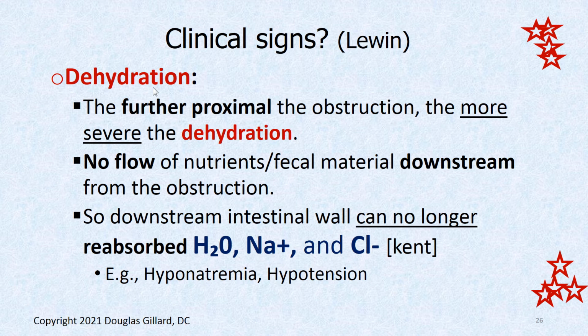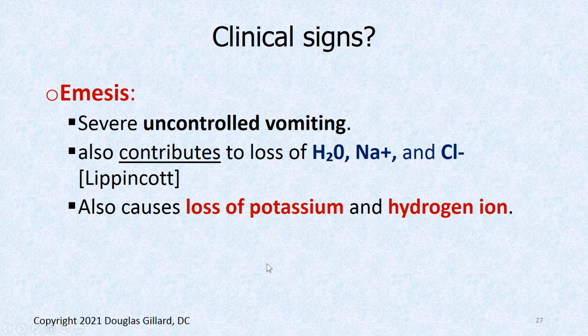So salt and water will not be reabsorbed, and you're going to get yourself a wicked dehydration because of that, and chloride as well. And that's going to spark hypotension and hyponatremia. We'll get to those. I probably should have cut those out for right now.